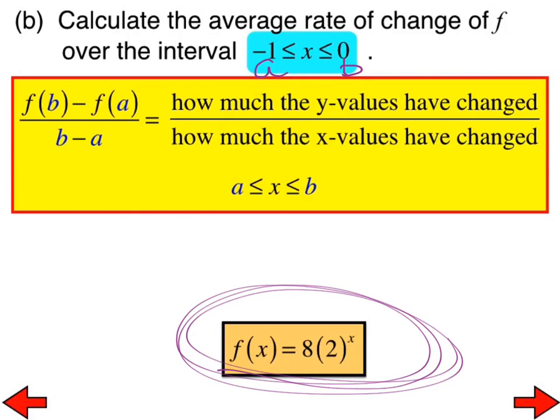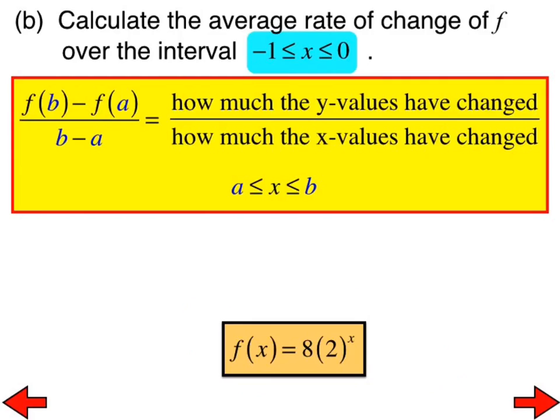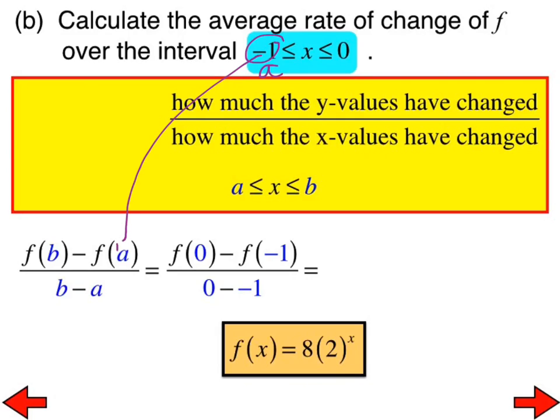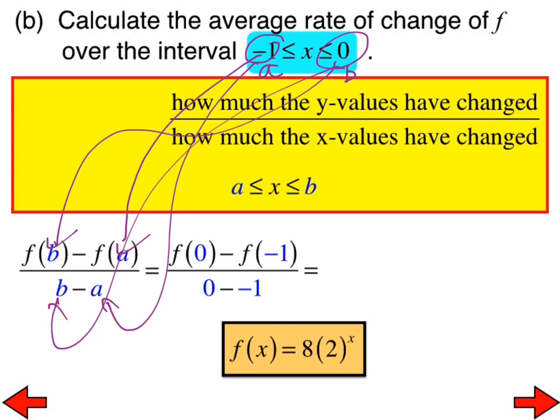All right, so for this problem, remember, a is -1 and b is 0. So we have f of 0 minus f of -1 over 0 minus -1. And all I did here, we said that this was a, so -1 right there, -1 right there. We said that this was b, so 0 replaces b here and here.